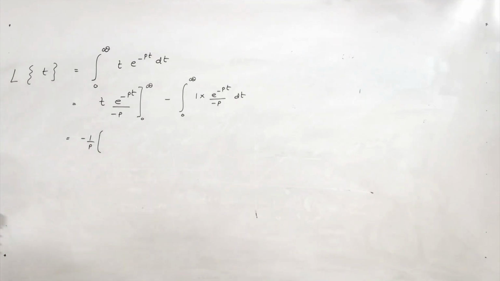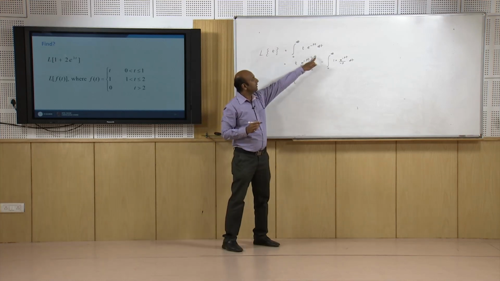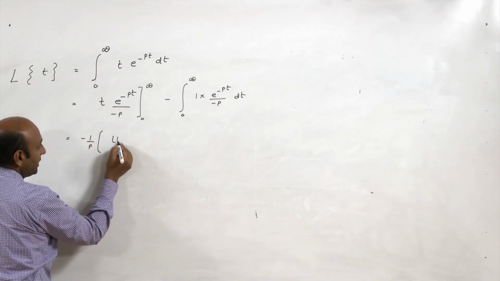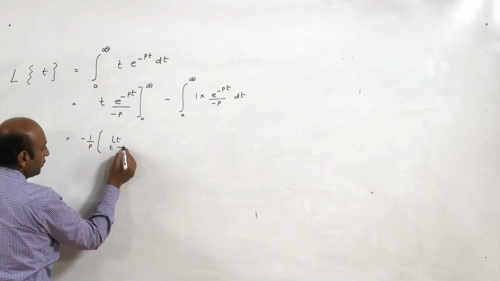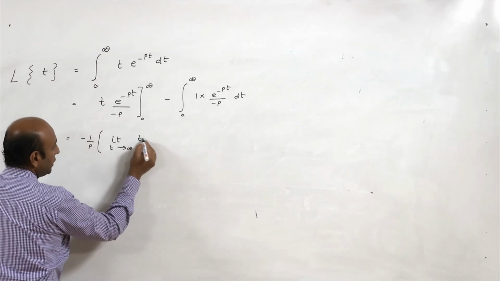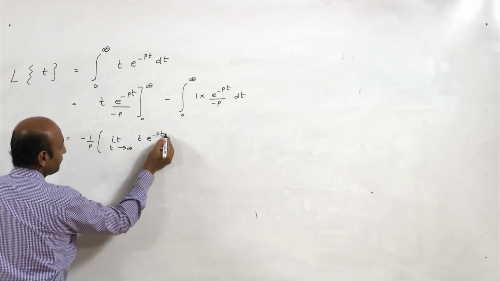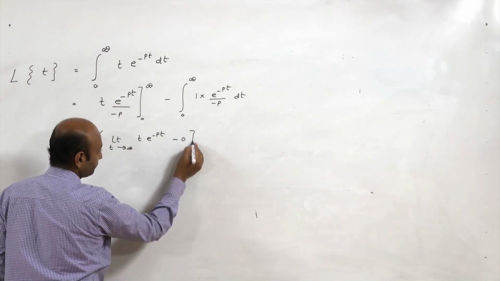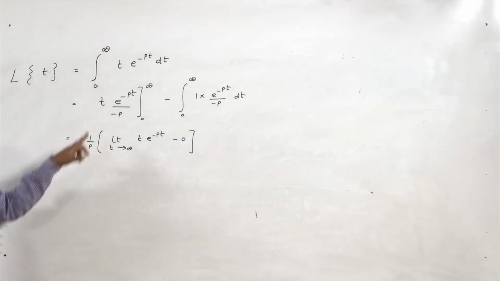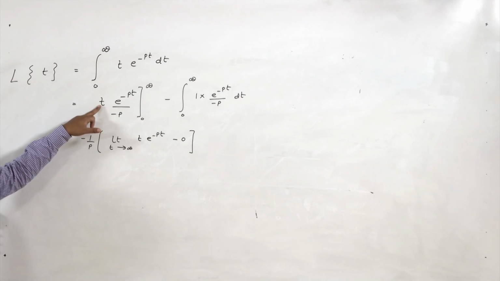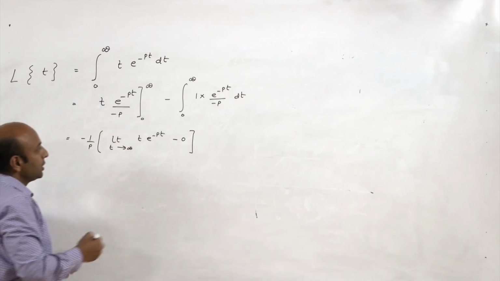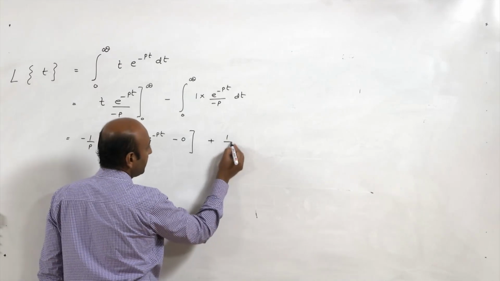So at infinity, to see the value of this expression, we will simply find the limit as t tends to infinity of t into e to the power minus pt, and at t equal to 0 the value is of course 0 because of this expression t. So when you put t equal to 0, the value is 0, minus minus plus, it is 1 by p.